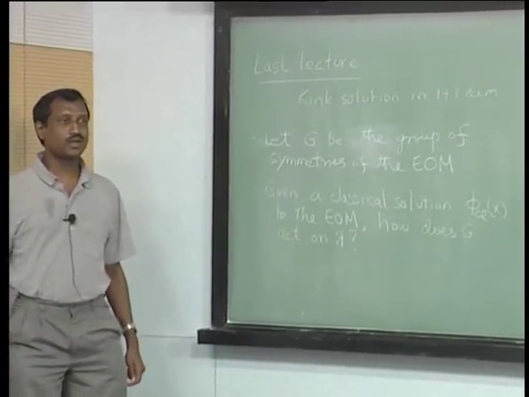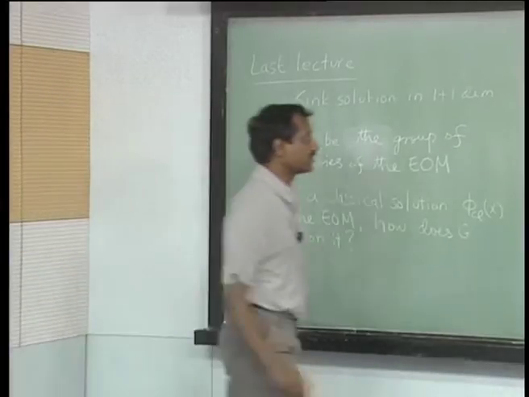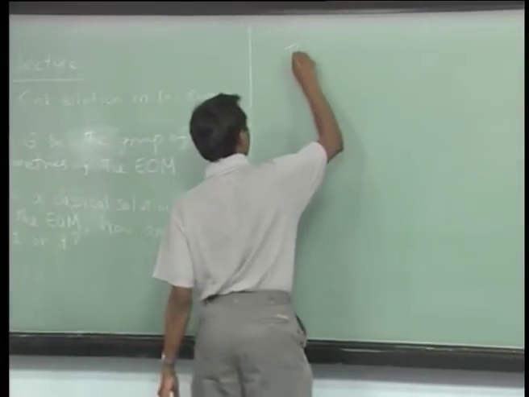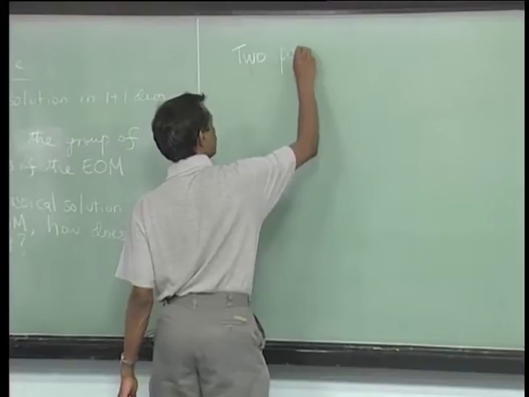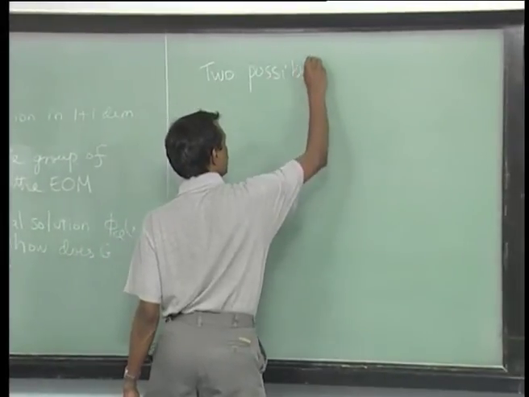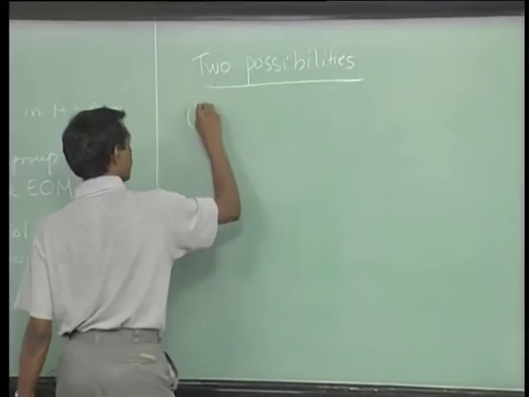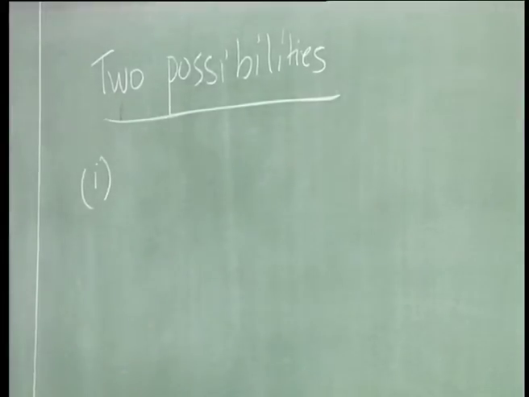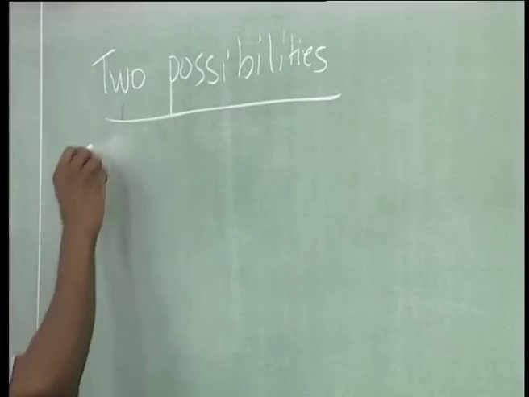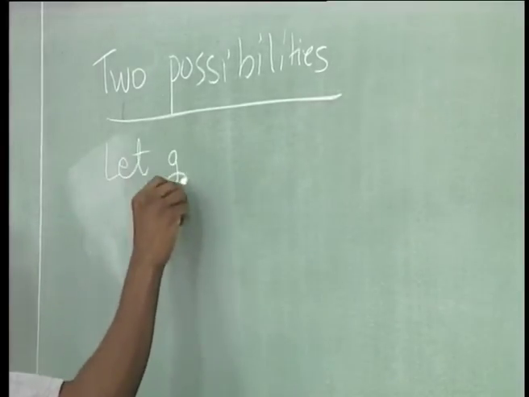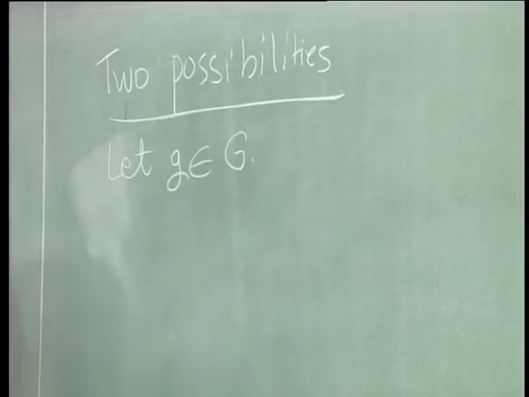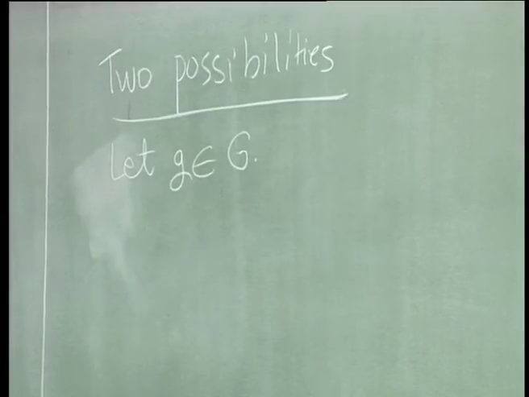Okay. There are exactly two possibilities. Again, something which we saw explicitly. The first one is, let us just choose, let G be some element of the group.